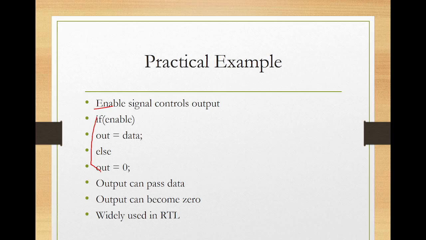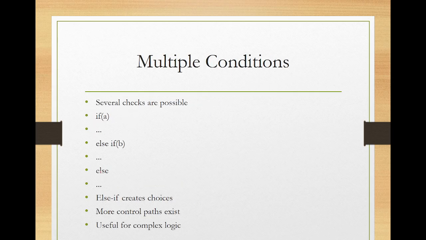Output passes data. When enable is inactive, output becomes 0. This pattern exists everywhere. Processors, communication systems, FPGA designs, control units. Industry uses this constantly. What about multiplexer conditions?